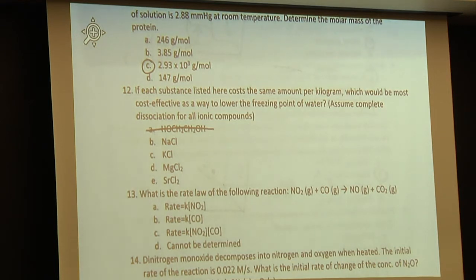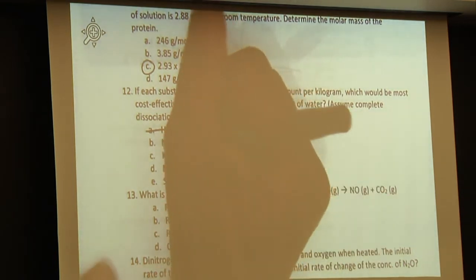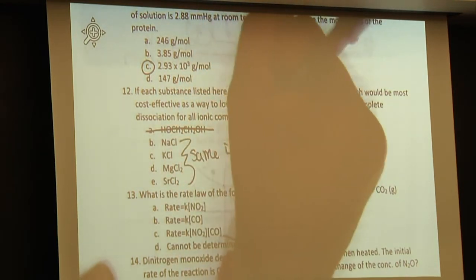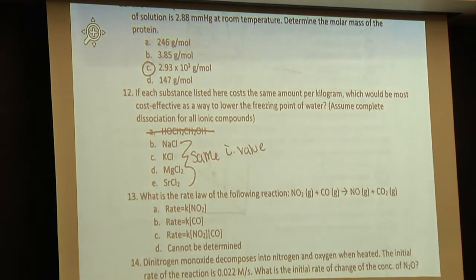All right, so now we're just going to compare them. So all of these have the same van 't Hoff factor. So what are we going to look for? Yeah, we're going to look at the weight. So which one would be the smallest?